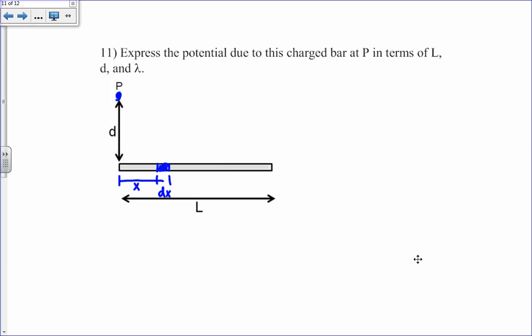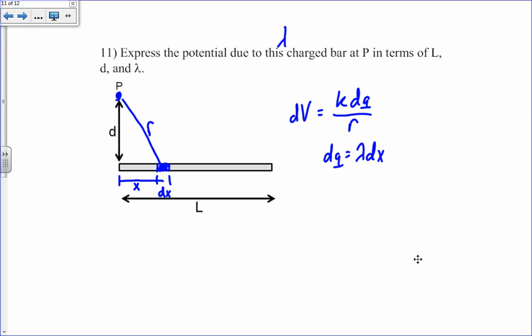So you can imagine I'm going to integrate over x from 0 to L, right? I'm going to call this distance right here r, and the potential due to that little differential element is going to be k dq over r, where dq is the charge of that differential element. dq is equal to lambda dx.